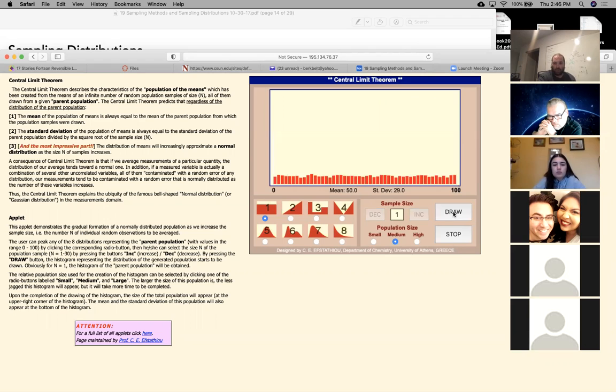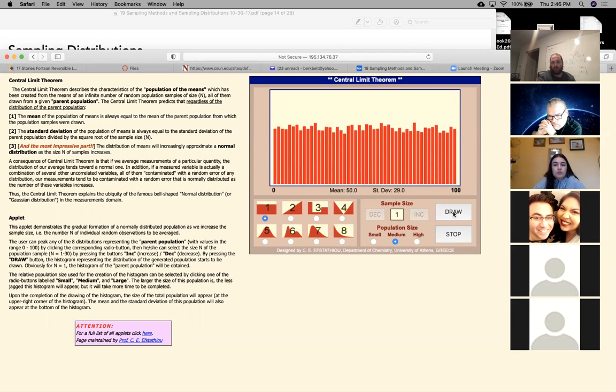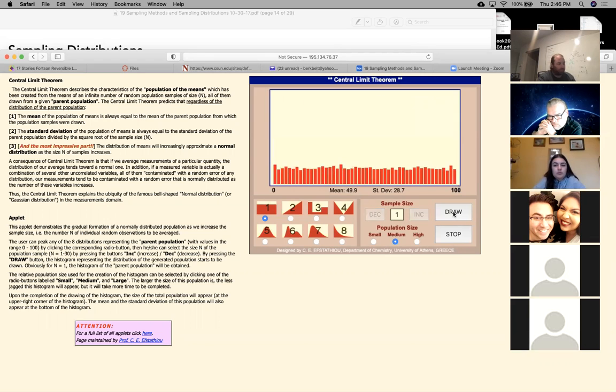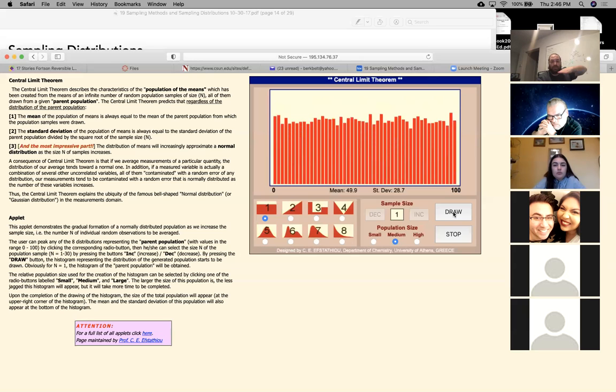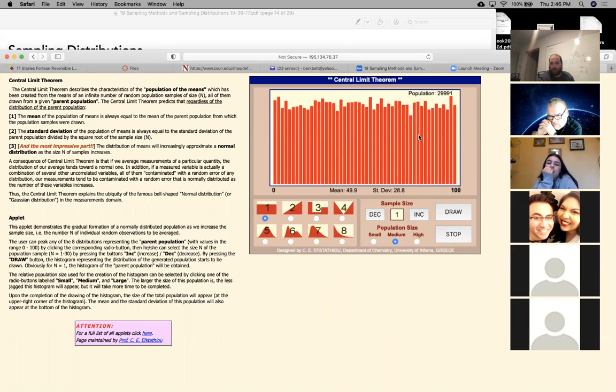And if I do another one, these are all going to be different samples, but they're all going to be coming from the same underlying distribution. They're all different, but they all come from the same place. So every number is equally likely. This is how often I got each number.